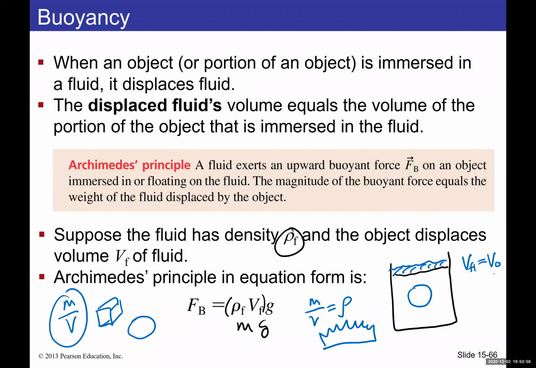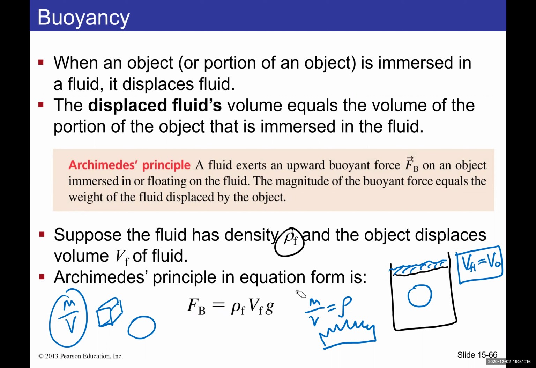It only depends on its volume. This could be a beach ball or a bowling ball. As long as they're the same size, they displace exactly the same amount of water, even if the bowling ball may be 100 times heavier. The volume of the displaced fluid is equal to the volume of the object.